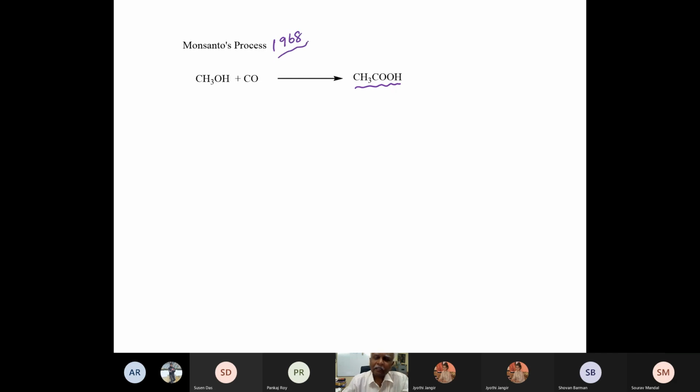Before that, in 1950, cobalt was used as a catalyst for the same process, but it was only 70% efficient. The Monsanto process was close to 90% efficient. That was a big step, but the Monsanto process used rhodium.